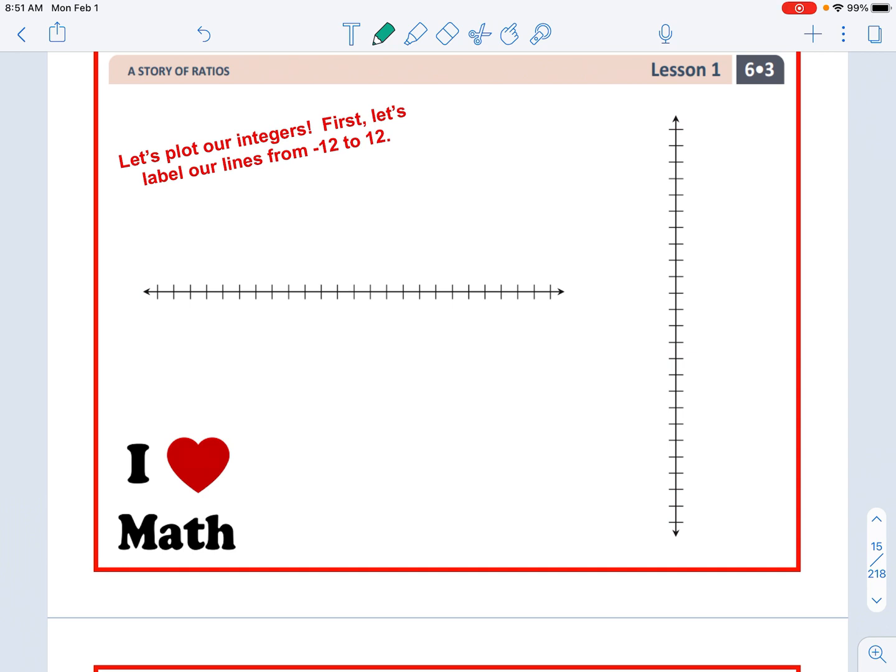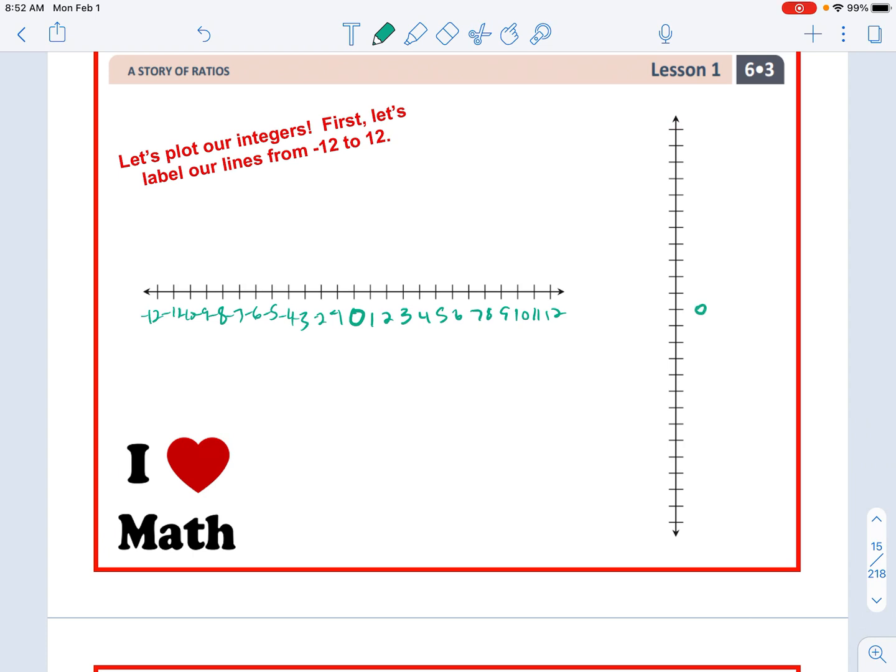Now let's plot our integers. First, let's label our lines from negative 12 to 12. So we're just going to label these. Try to find the middle. And I'm going to do the same thing on the vertical number line.